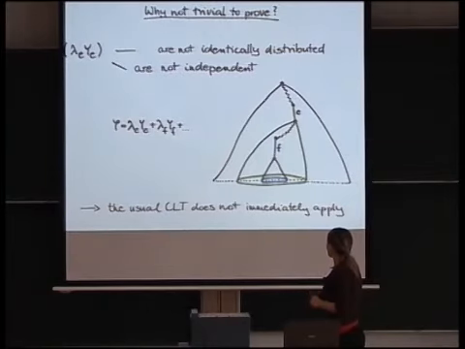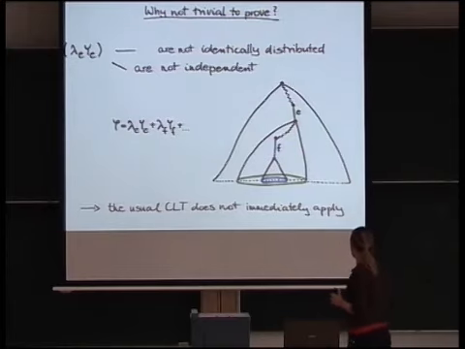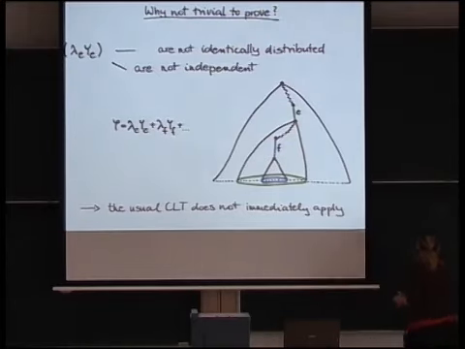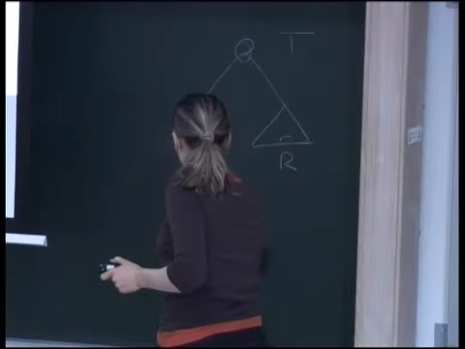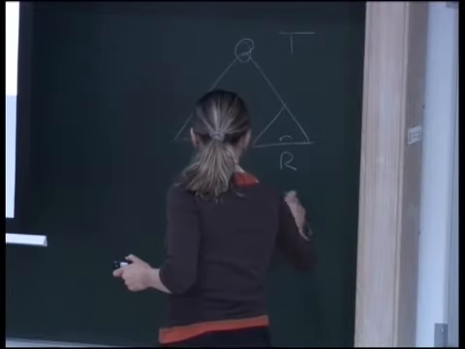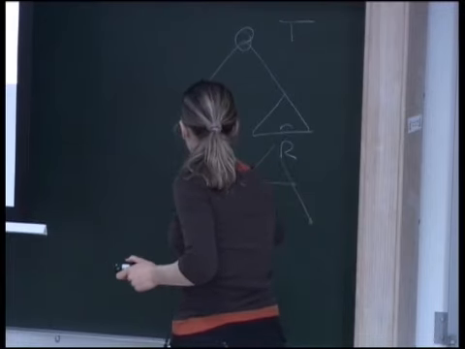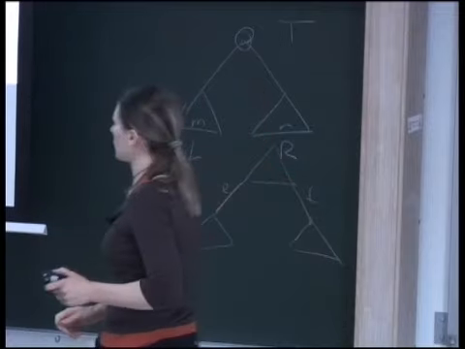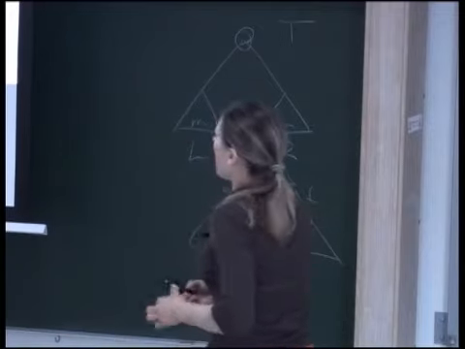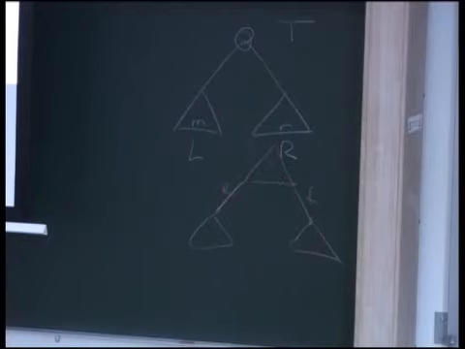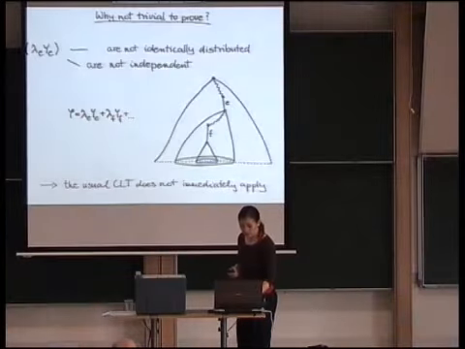We see that the survival of any taxon below F implies the survival of a taxon below E. And we have also independent variables. This would be something like this. So we see that the usual central limit theorem does not apply in our case.